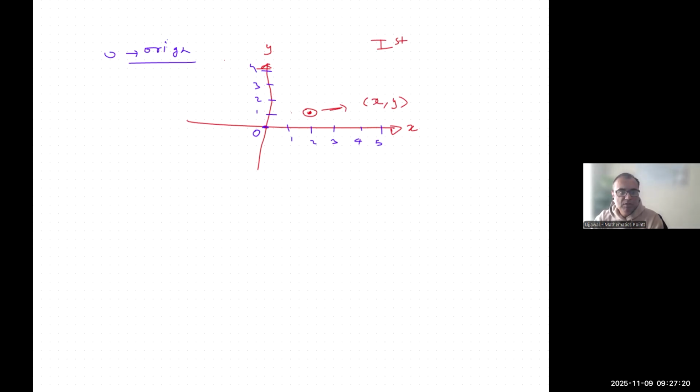So if I look at it, what's the position of this point on the horizontal axis? This point on the horizontal is 2, and so x is 2. What is the position of this point vertically, which is 1?